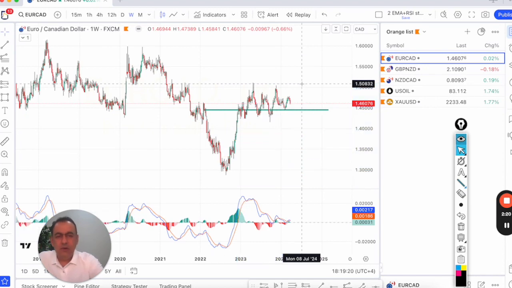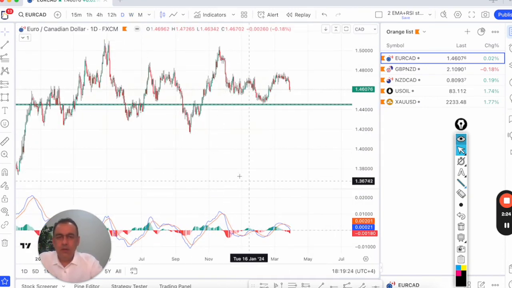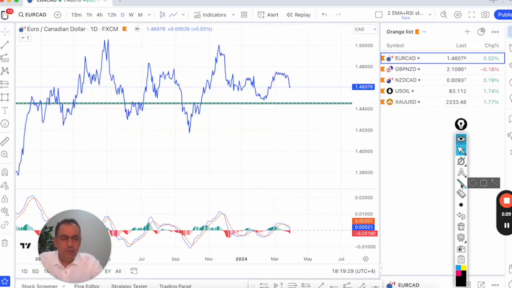Now moving back to daily. Now here, if you notice, coming back to the line chart, we had weakness. We got the divergence here, which formed a higher high with weakness coming back.